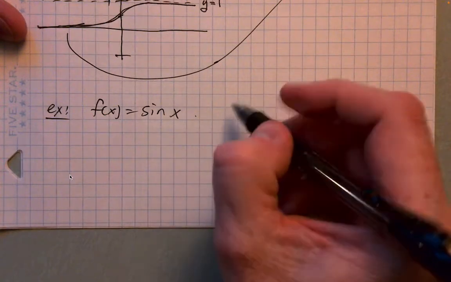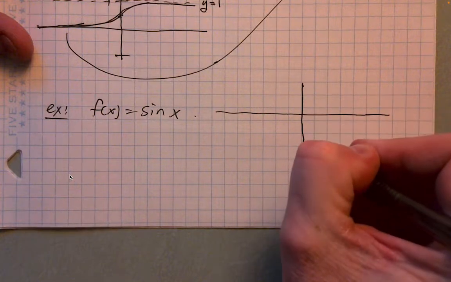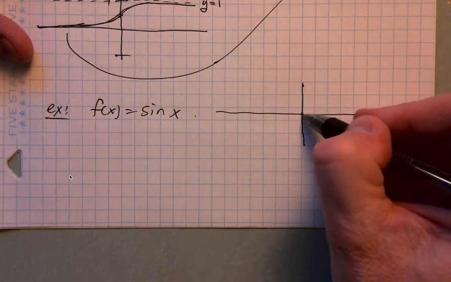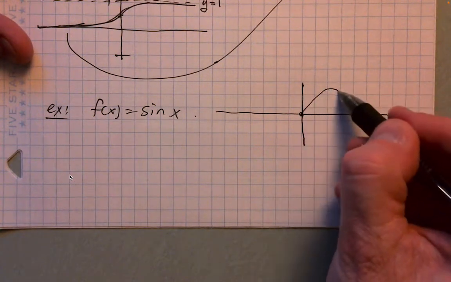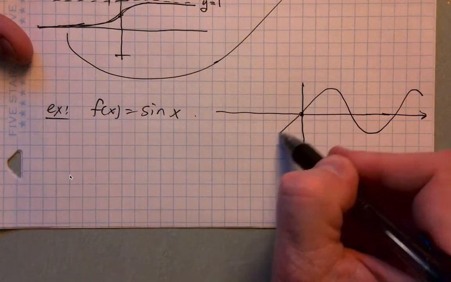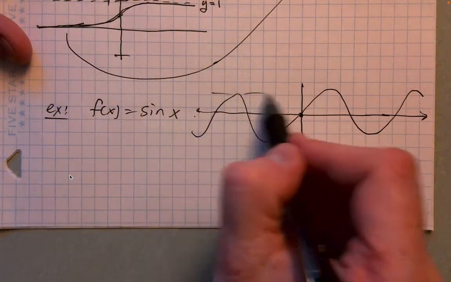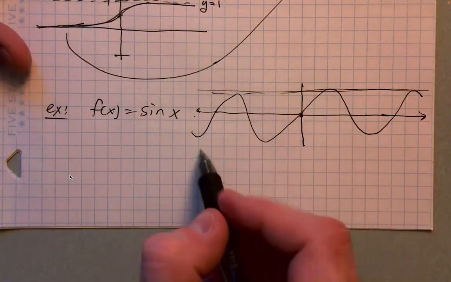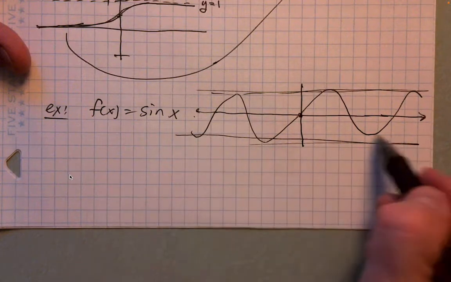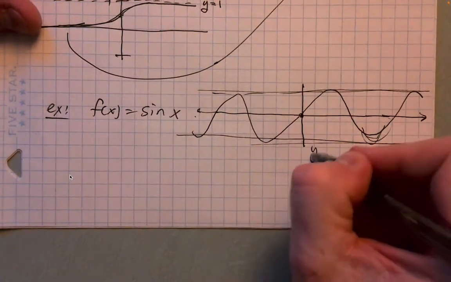And so we know that the sine function, right, it starts at 0 here, and it goes like this, right? And it just keeps going. And the same thing on the other side, right? And so it kind of tops out at y equals 1, bottoms out at y equals -1.